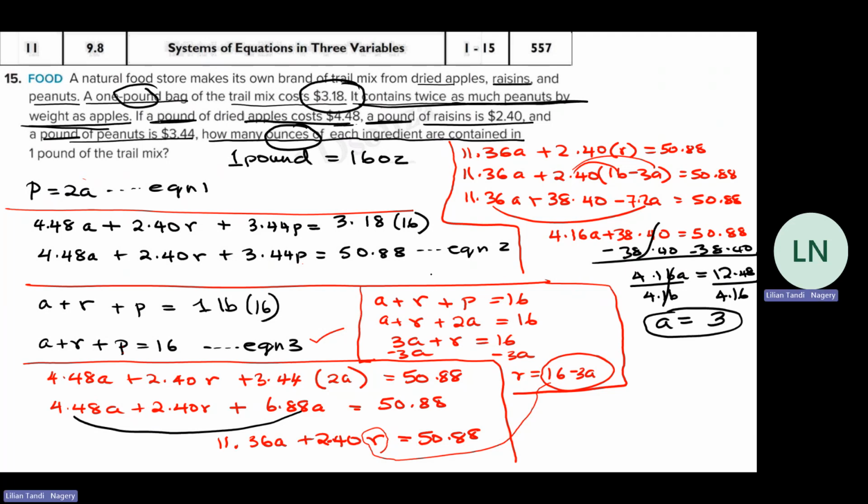Now, I'm going to use which equation? This one. R equals 16 minus 3A. 16 minus 3 times 3. 16 minus 9. And how much is 16 minus 9? 7. R is 7.